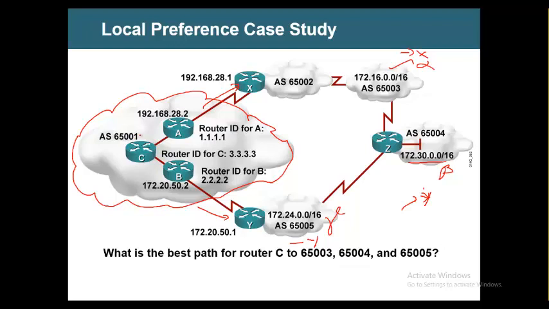We'll go here and say match 172.24, local preference 200. Likewise match 172.30, 200, isn't it? And we'll go to A and say match 172.16, local preference 200. This is how we will achieve this.